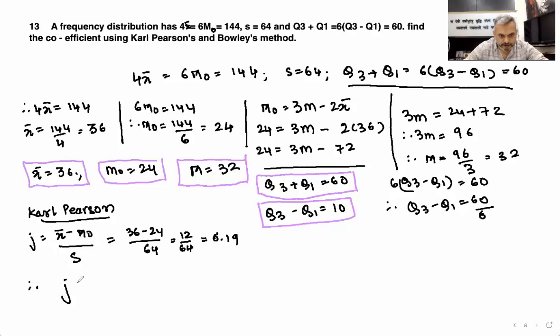Therefore, J is equal to 0.19. I'll mark it. As per Karl Pearson.